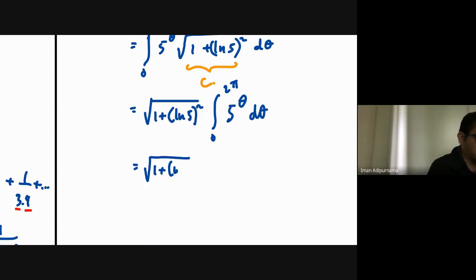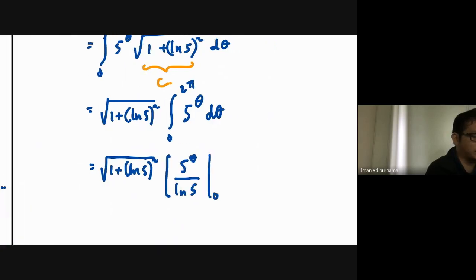So you write the constant, and then this will be 5 to the power of theta divided by ln 5, from 0 to 2 pi. Because if you derive 5 with the power of theta, you will get 5 to the power of theta and then ln 5. To get what we need, we need to cancel this, right? So that's why I need to divide by ln 5.